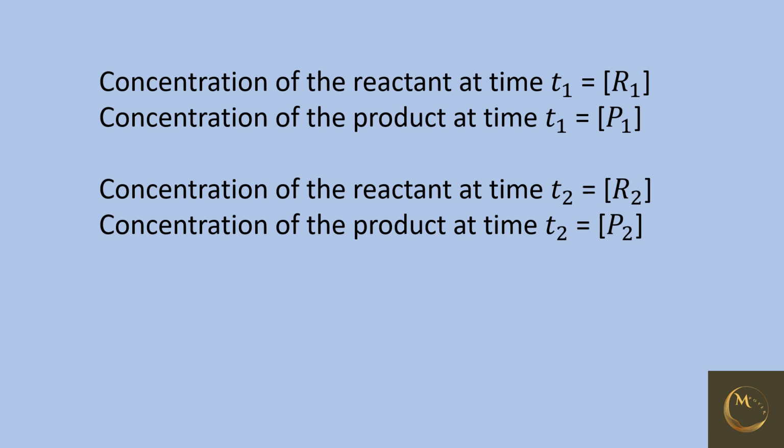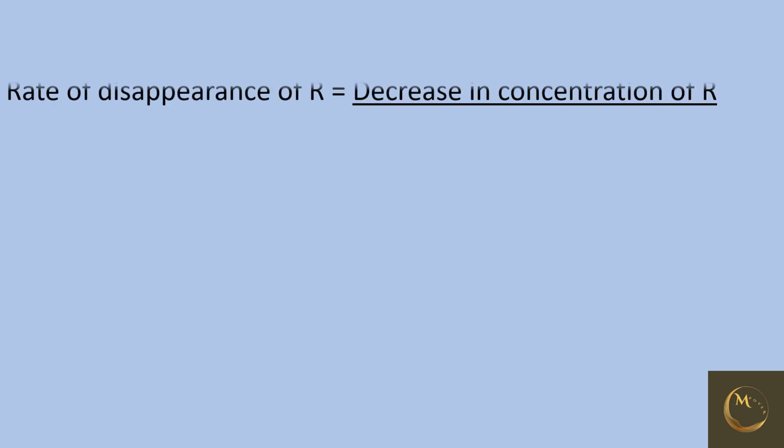Now, can we write this as a mathematical equation for the rate of a reaction? It is very simple. The left hand side of the reaction is the rate of disappearance of R, which is equal to decrease in concentration of R divided by time taken.